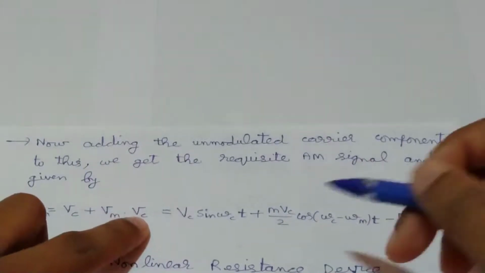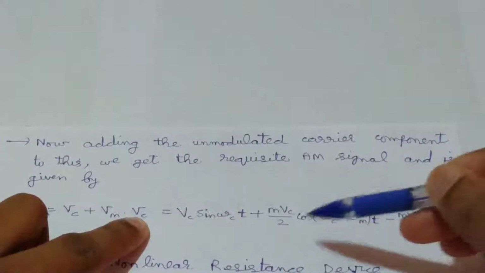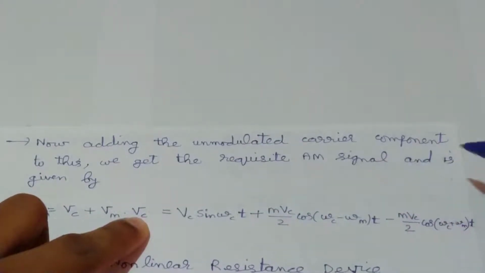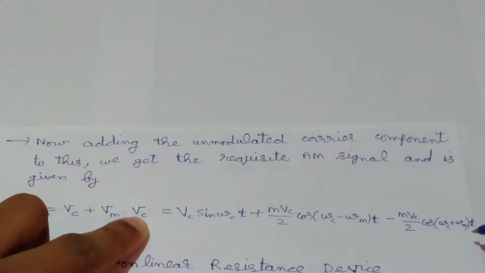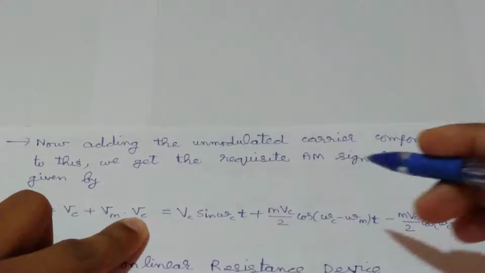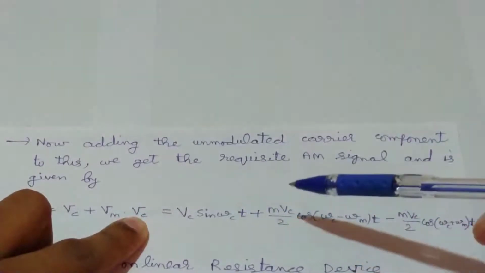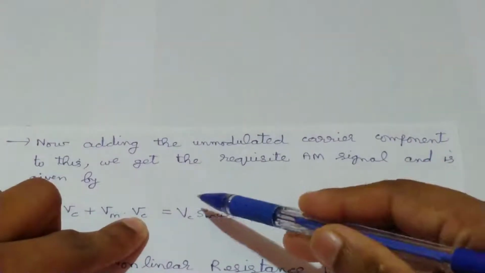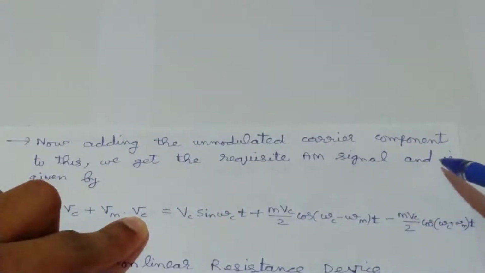Actually, this Vm into Vc consists of that Vc into this one. And if that Vc value is 1, then Vm Vc is exactly equal to the lower sideband plus upper sideband component. Okay, so by using the analog multiplier and summing junction, we got the requisite amplitude modulated signal.